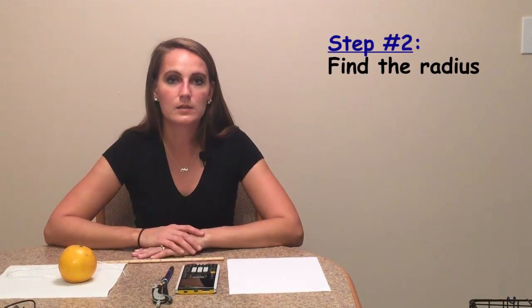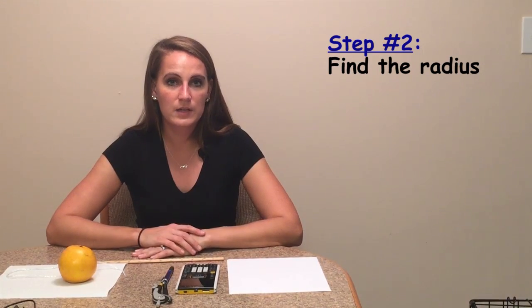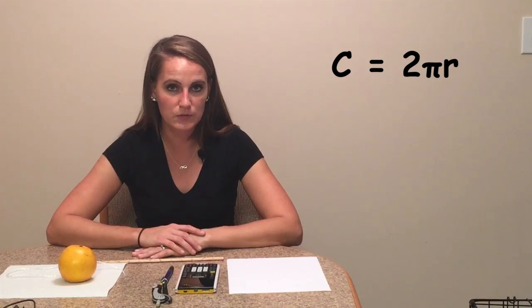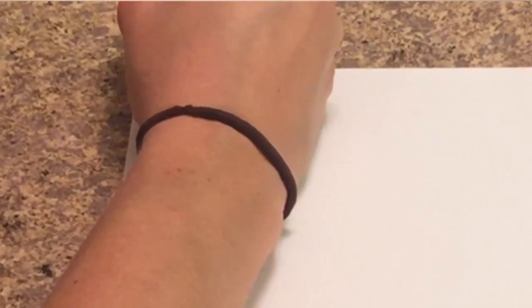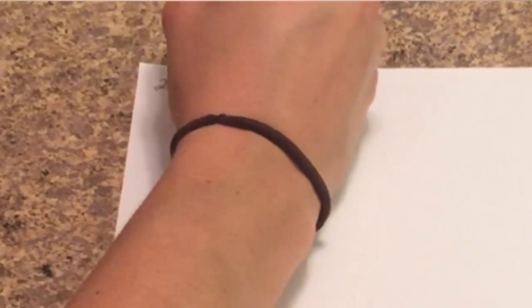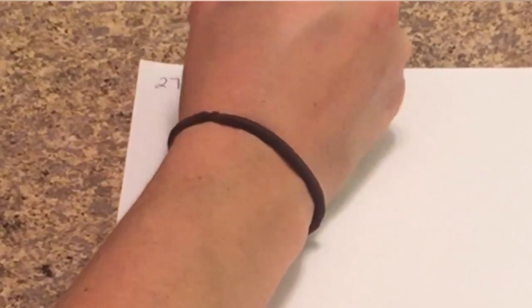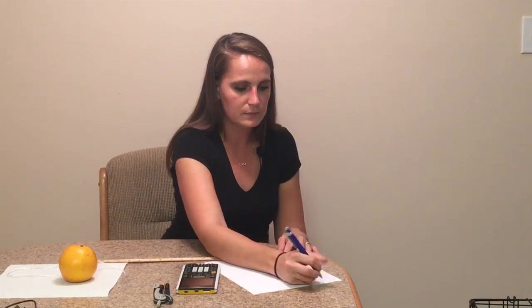Now we're going to use our circumference formula to find our radius. So remember, circumference equals 2 pi times the radius of the circle. So we are going to take the 27.6 that we found and set it equal to 2 pi times our radius.